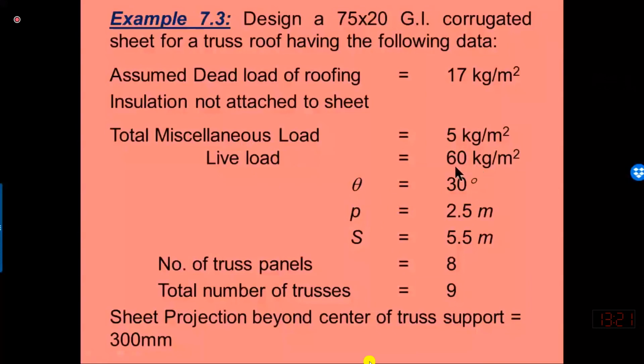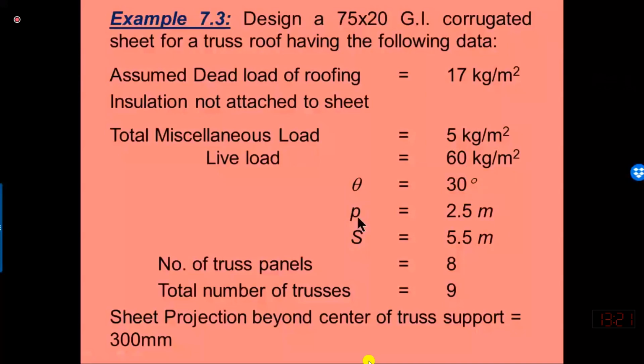Further, the panel length is 2.5 and the spacing of truss is 5.5. The spacing of truss is also equal to the length of the purlin. The panel means the horizontal distance between two panel points or two consecutive joints with reference to the top chord.